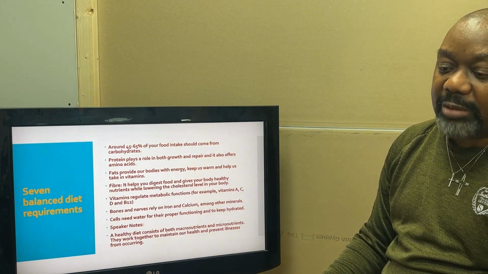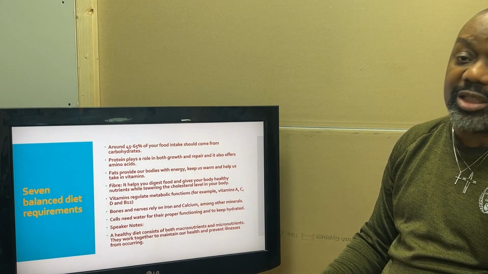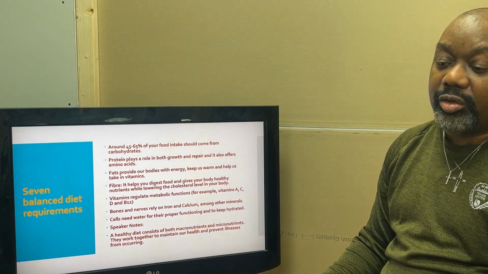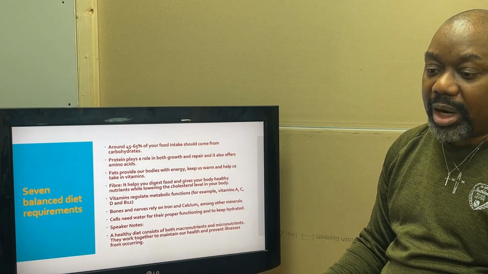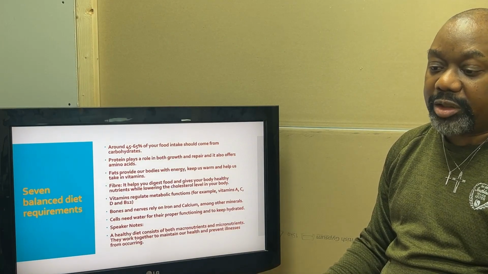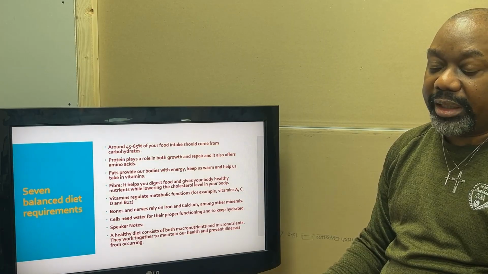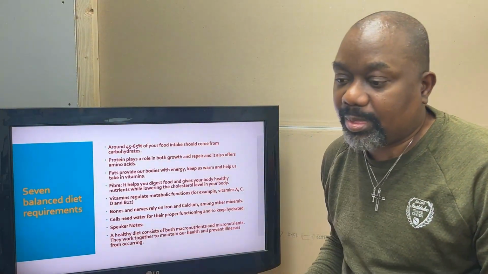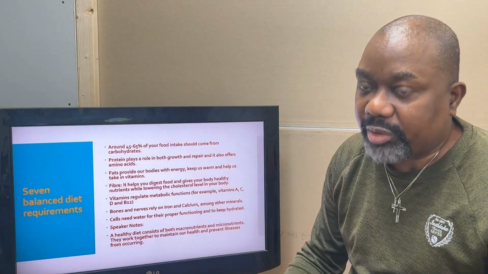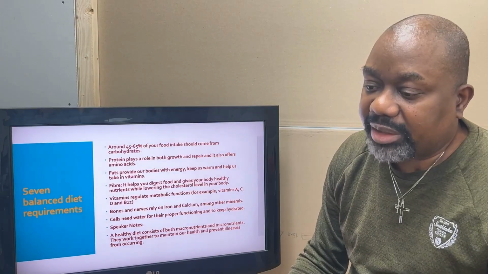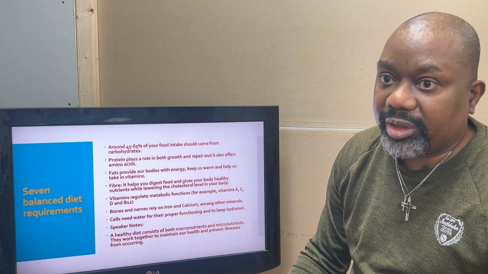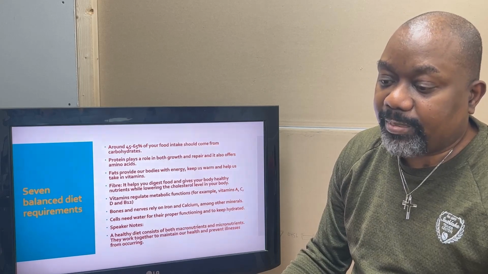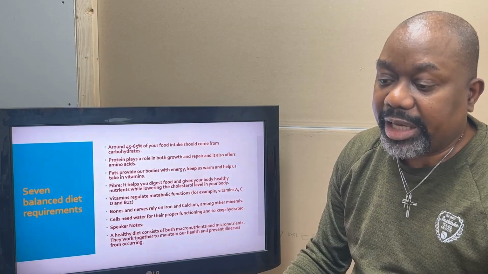Fiber helps us to digest food and gives our body healthy nutrients while lowering the cholesterol level in our body. Vitamins regulate metabolic function, for example vitamins A, C, D, and B12.